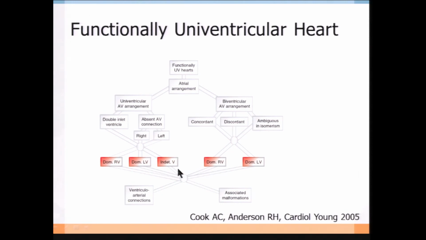And although some patients had associated malformations such as straddling or overriding, some patients have valve anomalies that cannot be managed by biventricular repair. So these are collectively termed functional univentricular heart, which is heart that needs Fontan circulation.